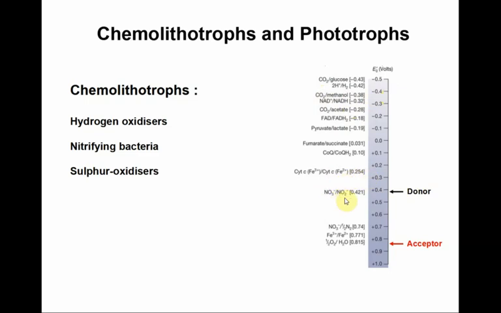But nitrite can also be the electron donor. So then the nitrite will be oxidized to nitrate. But in order for this to work, the bacteria have to have access to a really, really good electron acceptor. So if you have oxygen available, then this can work. Okay? So somehow you've got to have a redox reaction that is energetically favorable.